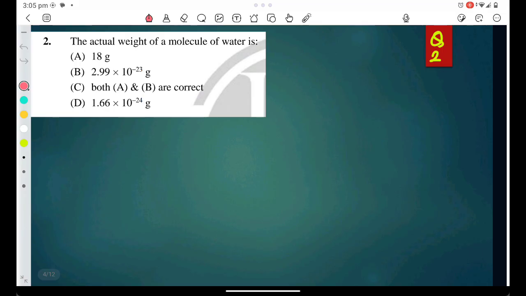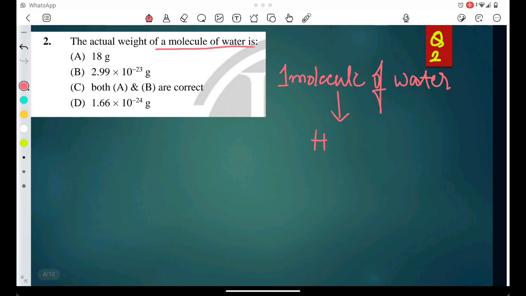Now moving to the next question. The next question says: the actual weight of a molecule of water. The weight in gram has been asked. One molecule of water is H2O, and its molecular mass is 2 times the mass of hydrogen plus 1 times the mass of oxygen.